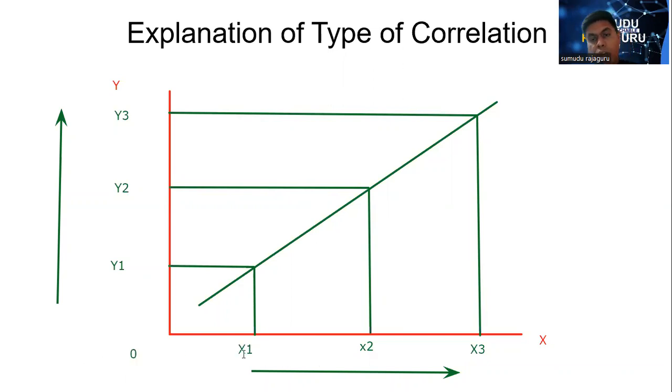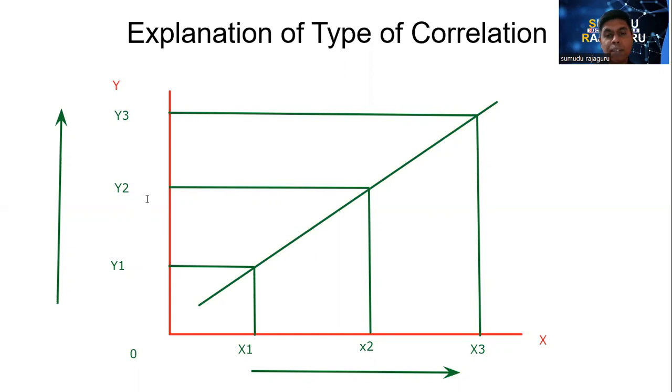So the x value is increasing in this direction, and the y value is also increasing in this direction. Then when we go from x1 to x2, that means our x value is increased. Then in parallel, when we increase the x value, what happens to the y value? Y also goes from y1 to y2.